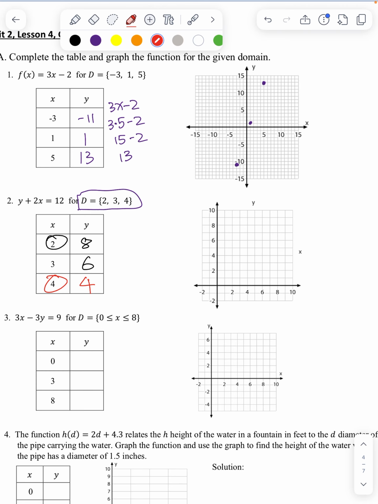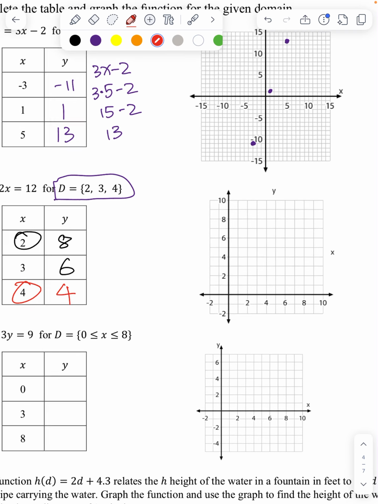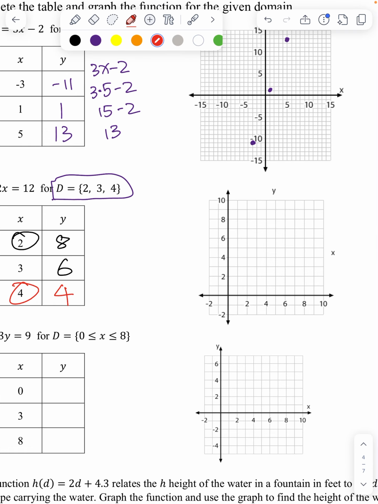Let's graph those 3 points. 2, 8. The x value starts from 2 and then positive 8 right here. This is the first point. Second point, 3, 6, right here.